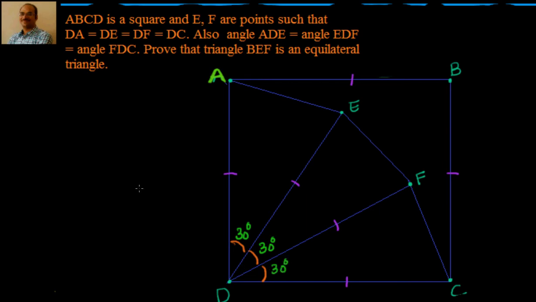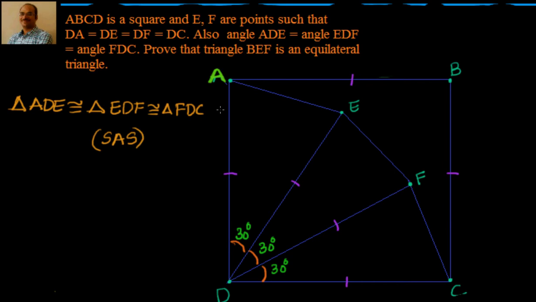That's pretty good information. Now, based on that, triangles ADE, EDF and FDC are congruent to each other. Let's write it down. Triangle ADE is congruent to triangle EDF, which is also congruent to triangle FDC, by SAS: side, included angle, side.